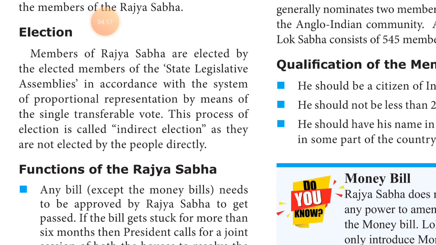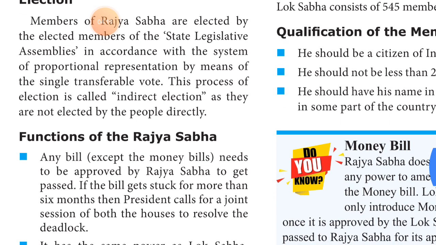Okay, the next one, functions of the Rajya Sabha. So what functions is the Rajya Sabha performing? Any bill except a money bill needs to be approved by the Rajya Sabha to get passed. If we want to introduce any bill in the Rajya Sabha, we need Rajya Sabha members' support, except for a money bill. If the bill is stuck for more than 6 months, during that time the President calls a joint session of both houses and resolves the deadlock.